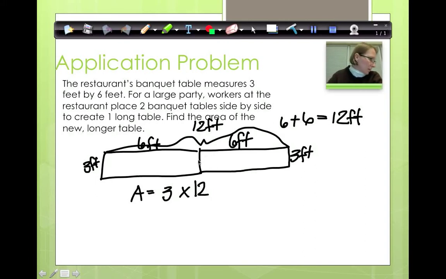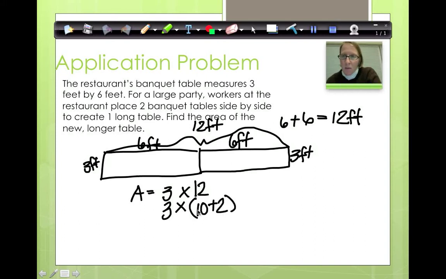Now, let's see. 12 is kind of hard unless you have it memorized. So let's take 12 apart into something more manageable. So let's rewrite that as, instead of 3 times 12, how about 10 is always easy. A 10 plus a 2.